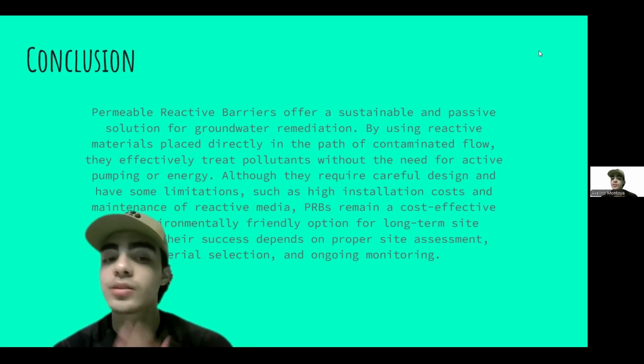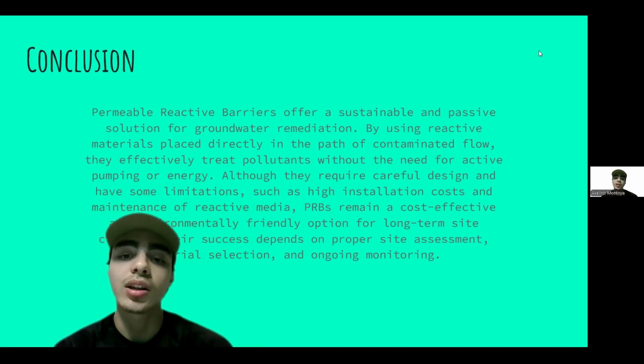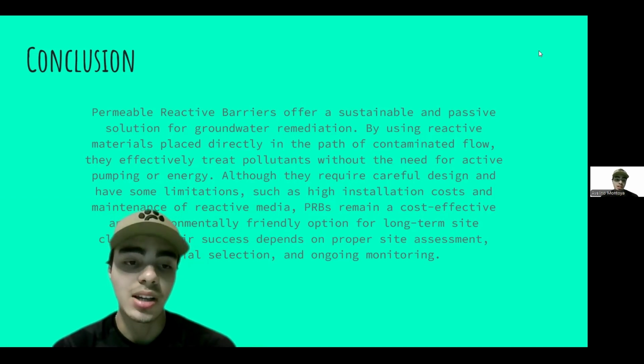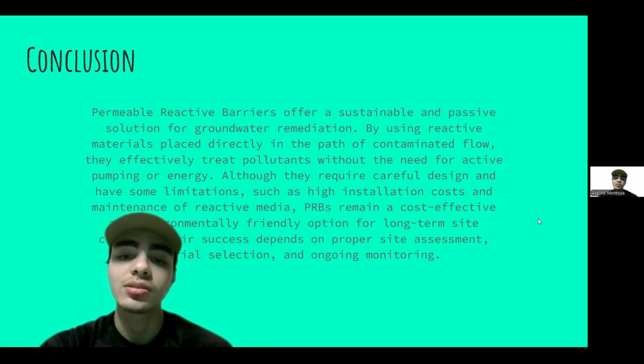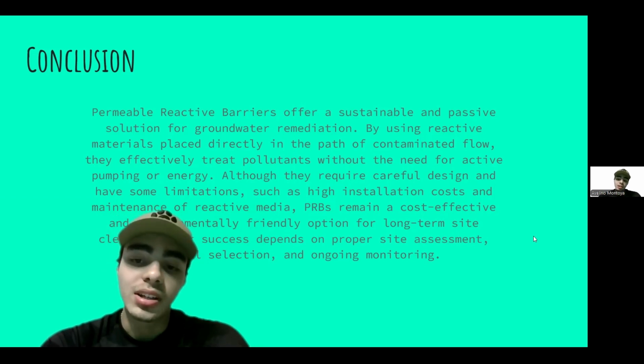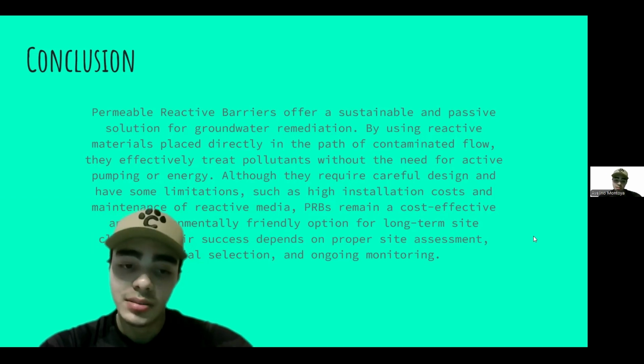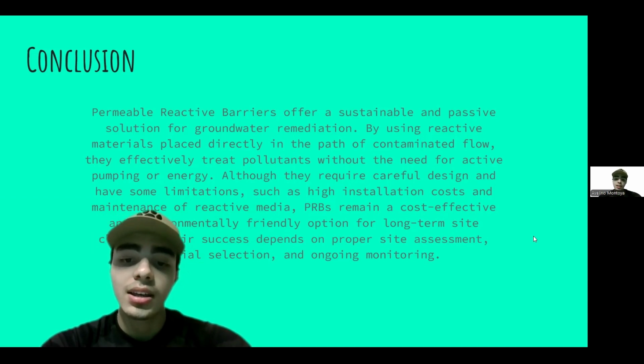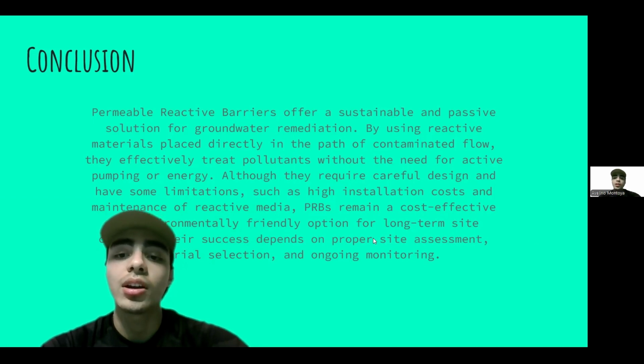PRBs remain a cost-effective and environmentally friendly option for long-term site cleanup. Their success depends on proper site assessment, material selection, and ongoing monitoring. This is all.